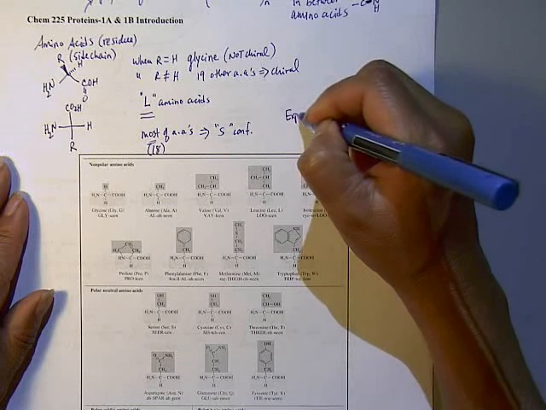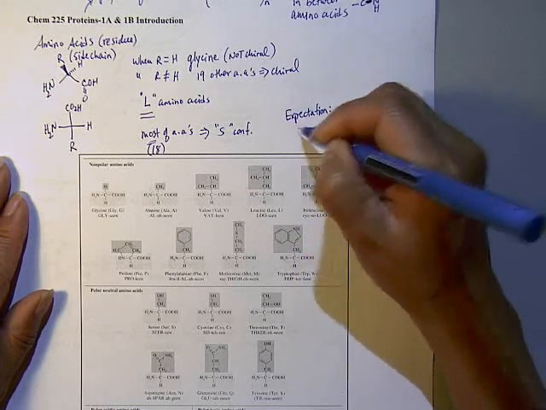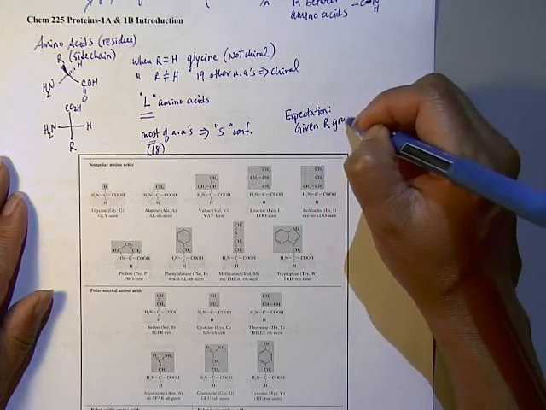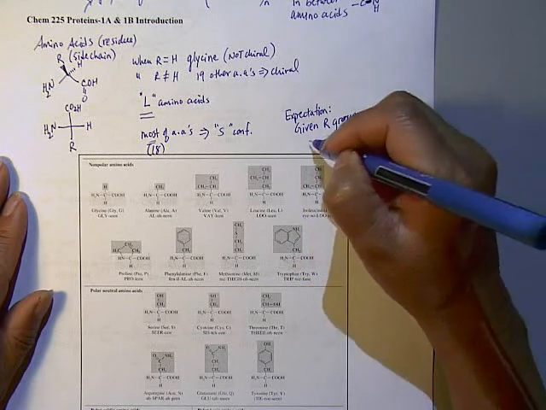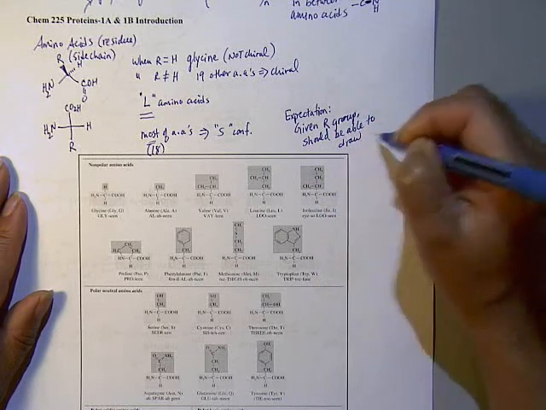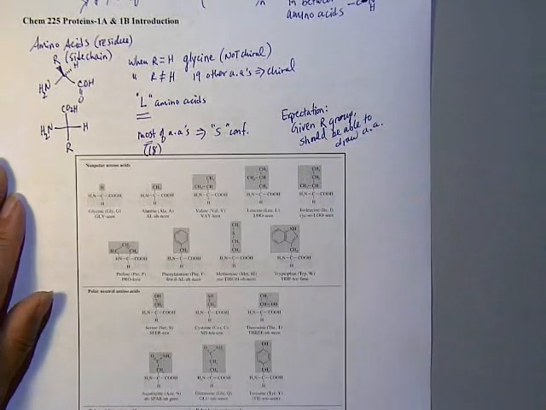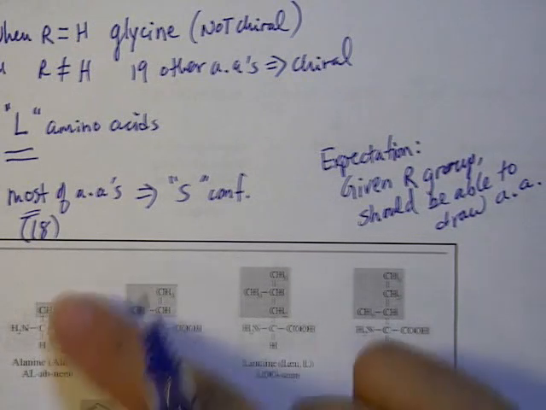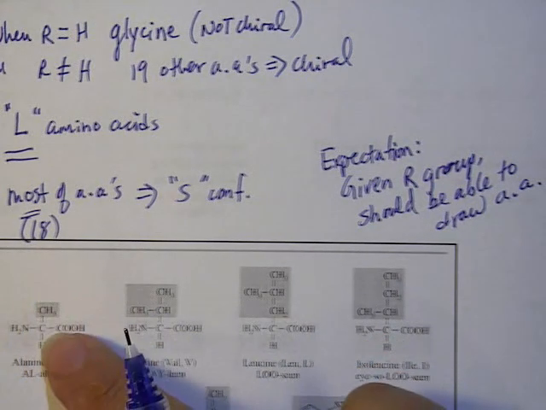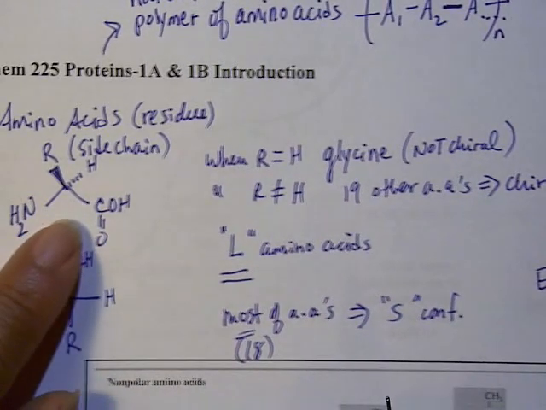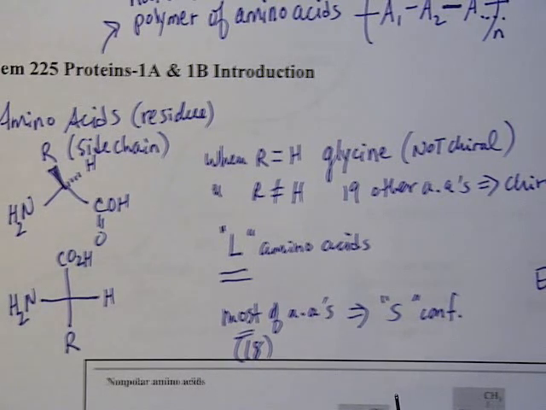All right. So what I expect you to do is that I'm going to give you an R group, the side chain, and you should be able to draw the amino acid. Okay, so for example, if I said alanine is the amino acid in which the side chain is a methyl group, CH3, then you should be able to draw, either in a Fisher projection or in 3D, what each amino acid looks like given the side chain.